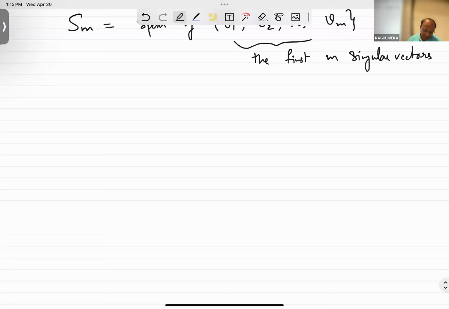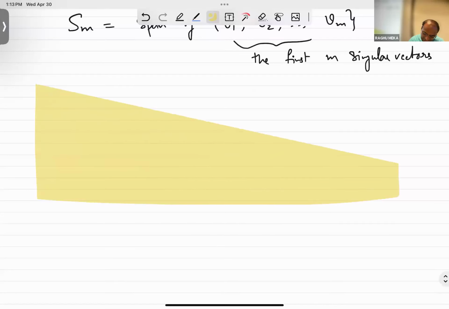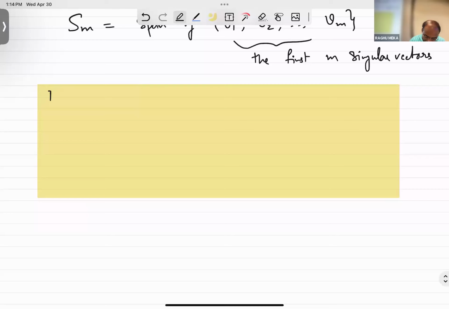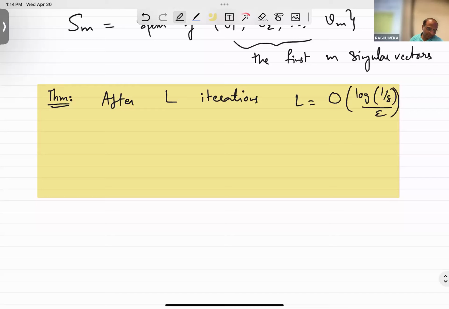What you can show is that if I run power iteration for L steps, where L is roughly log of 1 over delta epsilon, and whatever this delta is, we'll make precise in a second, then the vector that we output is almost entirely in this span.